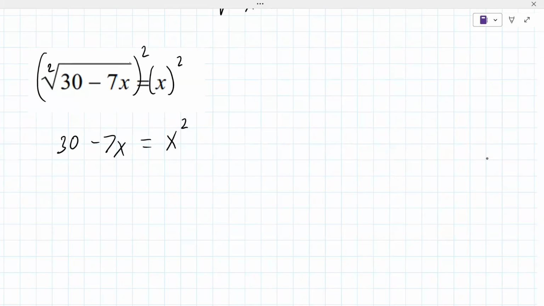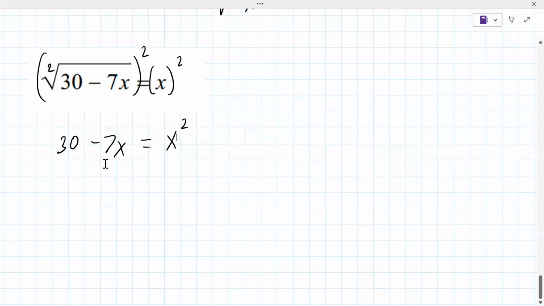Okay. Is that okay so far? Yeah. Okay, now to solve this, you have to get everything on one side of the equation, and generally you want the x squared to be positive.